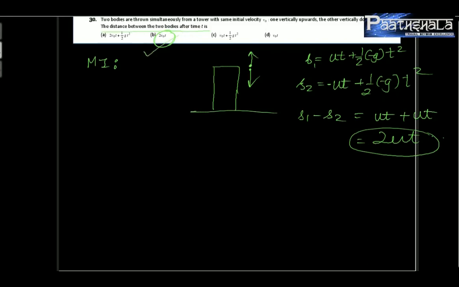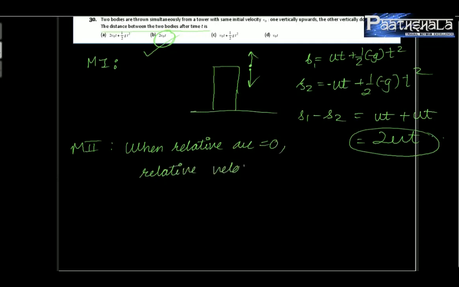Method 2 is realizing that they don't have relative acceleration, and when they don't have relative acceleration their relative velocity remains constant. Important statement again. When relative acceleration is 0, relative velocity is constant.